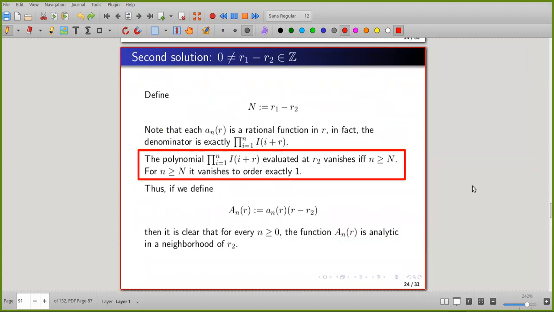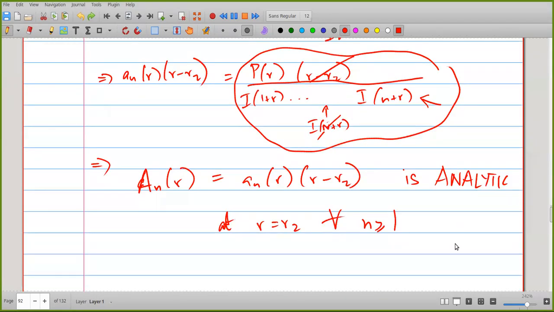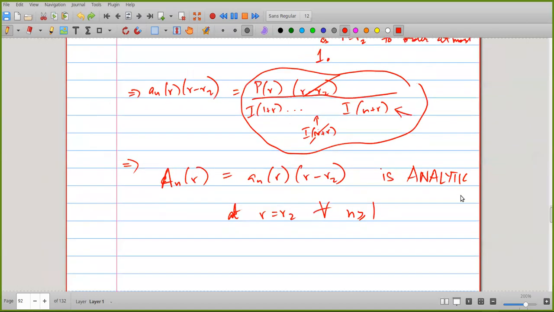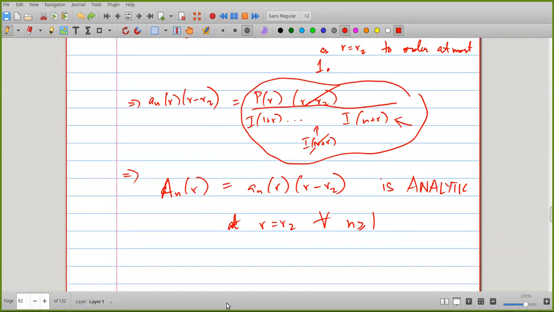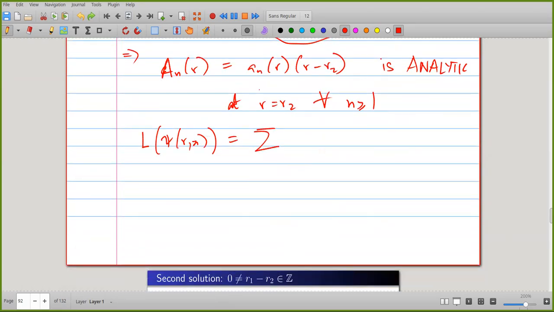So let me go back to presentation mode. Let me give you guys a few seconds to think about this. Okay, there are two questions. So how did we write L psi(r,x) is equal to I(r)? That is something which I explained earlier, right? So L of psi(r,x) is equal to the summation over n greater than or equal to 0 of E_n x^(n+r).